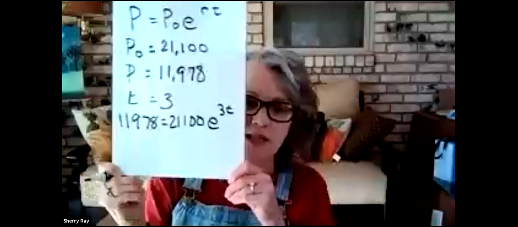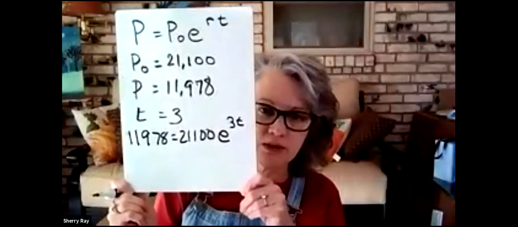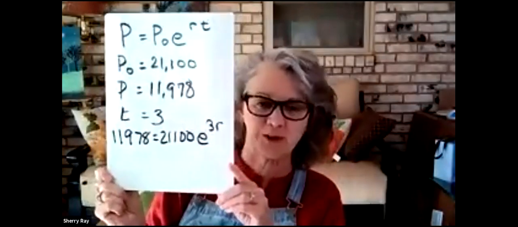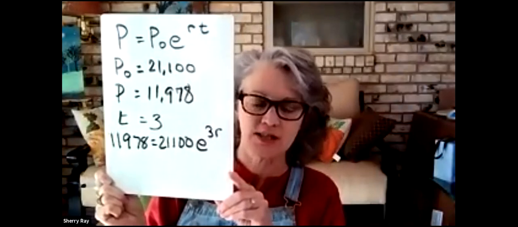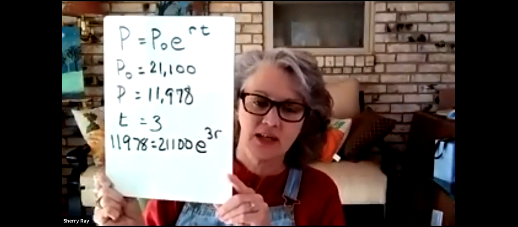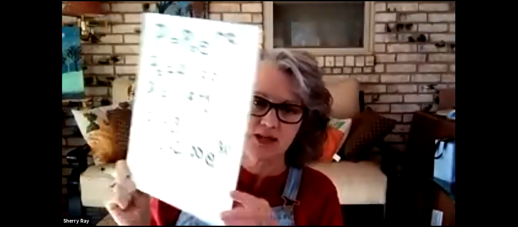I like to put my coefficient in front of the variable. Okay, we're looking for rate. 3 is our time, so instead of r times 3, we have 3r. Now I'm going to divide each side by 21,100.